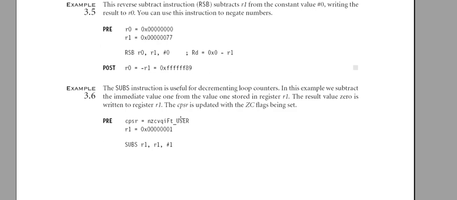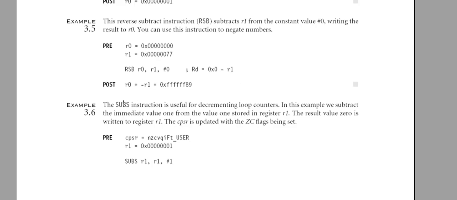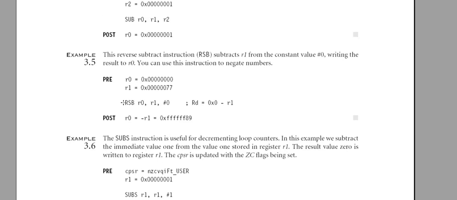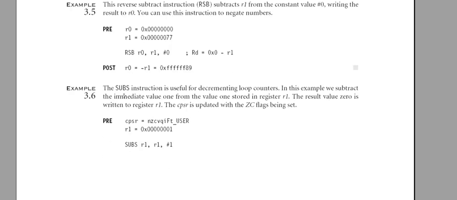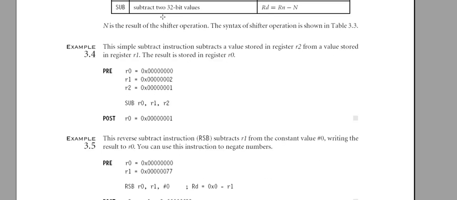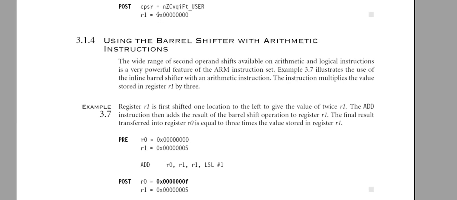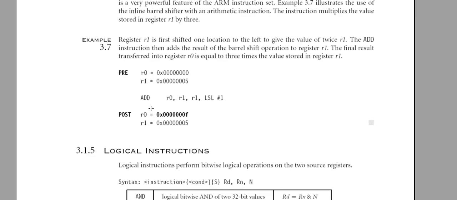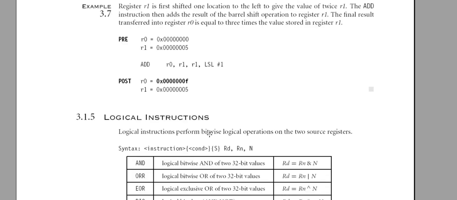Yeah, here S is not there. Actually, S should be there. So you can write S means update the flag. I think for addition also S should be there to update. Otherwise, carry will be there. You can also refer to the textbook on whether the carry flag is going to get affected or not.